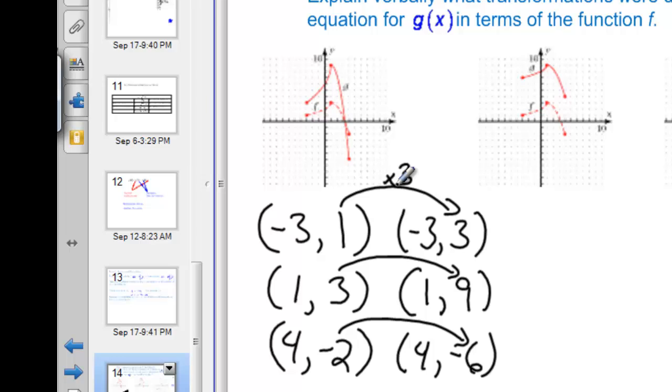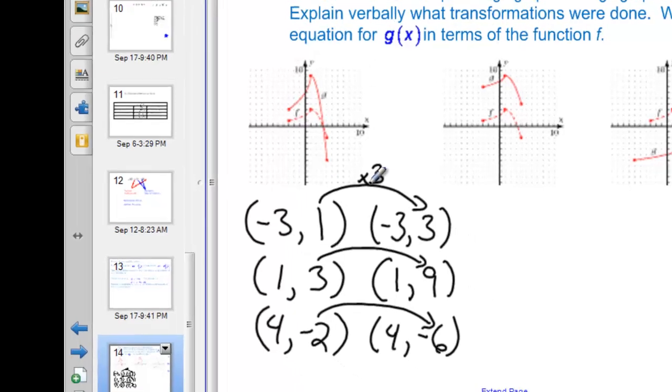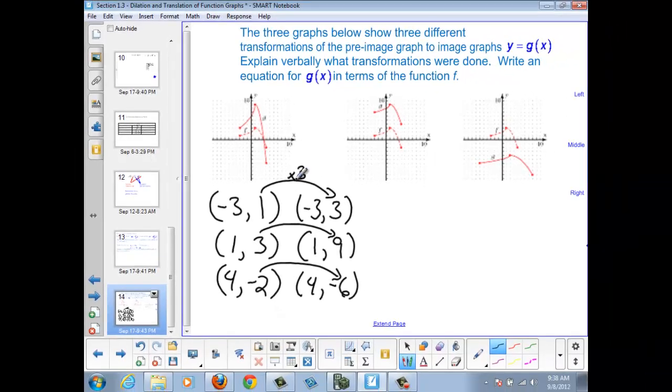So we multiply all our y values by 3. We have dilated our graph vertically by a factor of 3, which would mean that our new function would be g of x equals 3 times the original function.